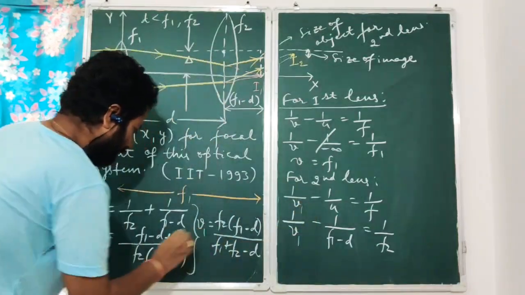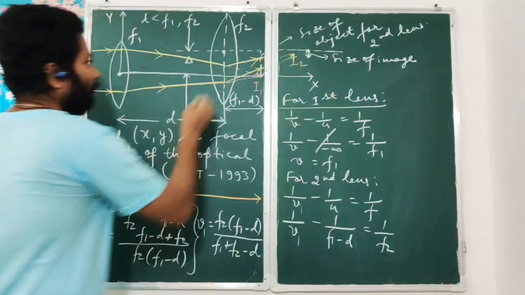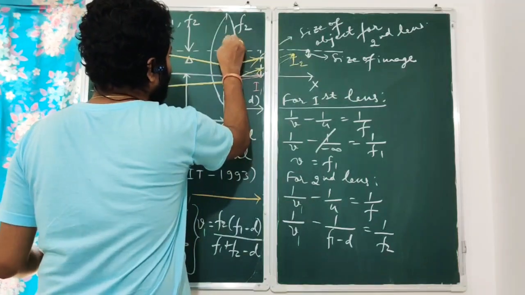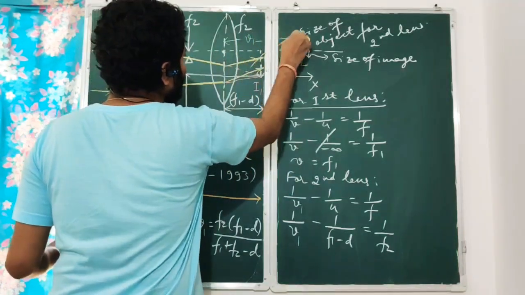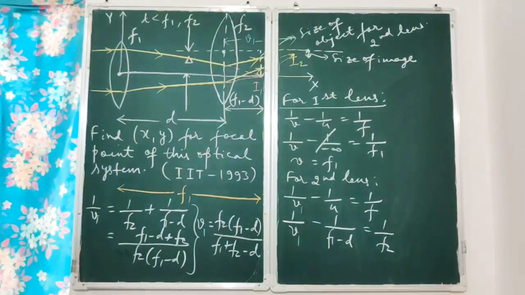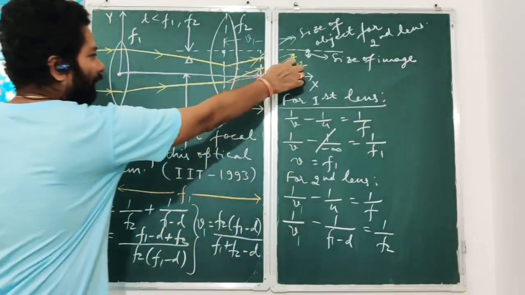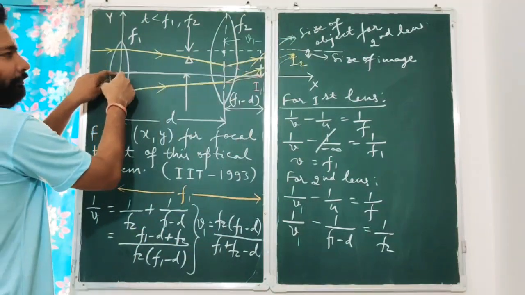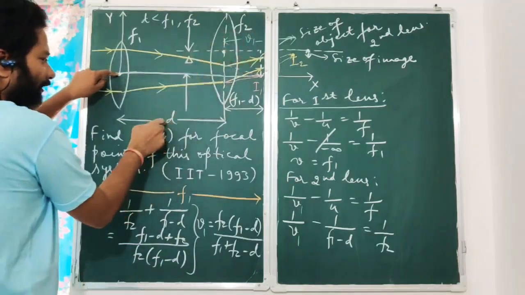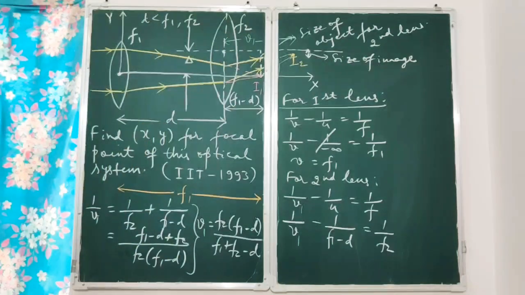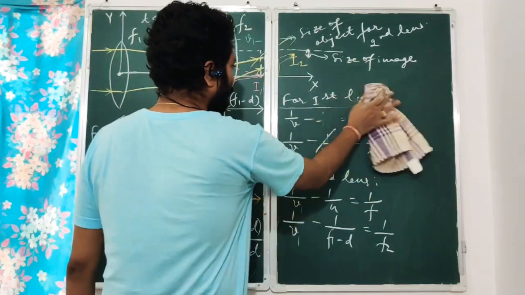So this distance is your V1. So what will be the x coordinate of the final image from the first lens? It will be V1 plus d. So we will write it. I erase this now.